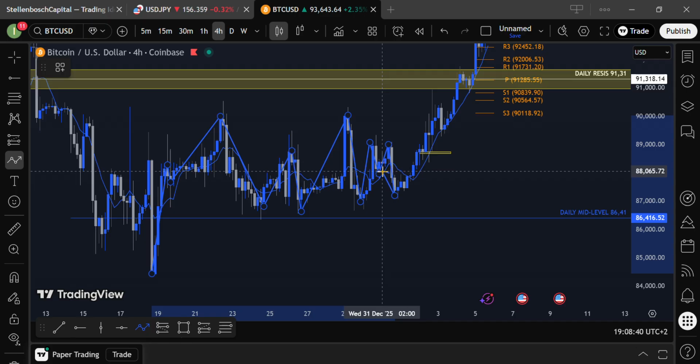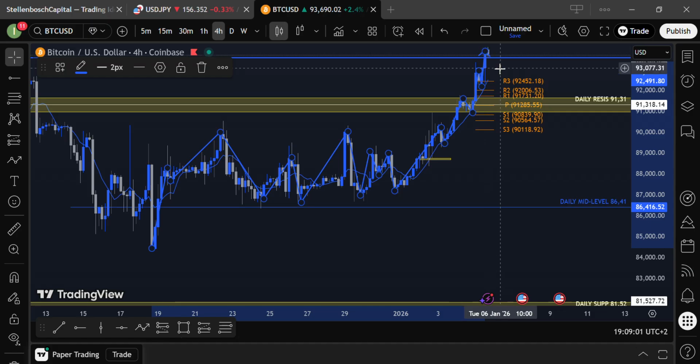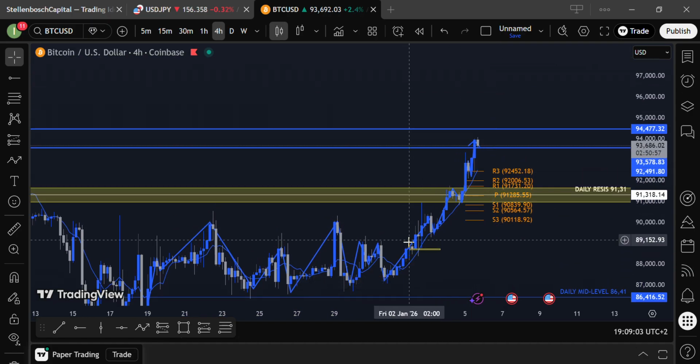I would also consider this one a higher low, but then we go up again: high, higher low, higher high, higher low, then there we go again, higher high, and higher low, higher high. You see it. This is how it is.